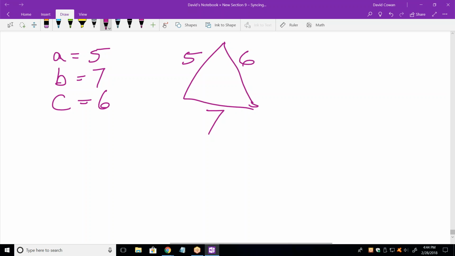Is the law of cosines angle, side, angle? No. The law of cosines is used where you have an angle and 2 adjacent sides, or 3 sides.